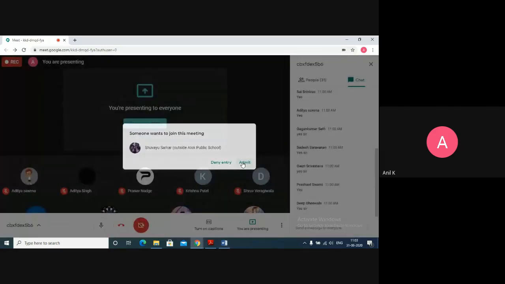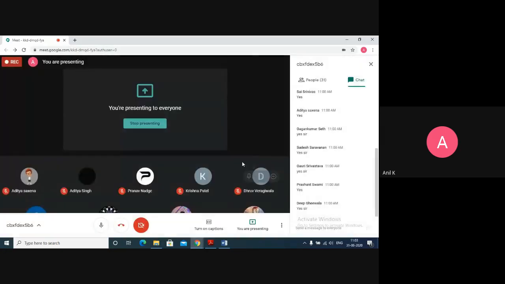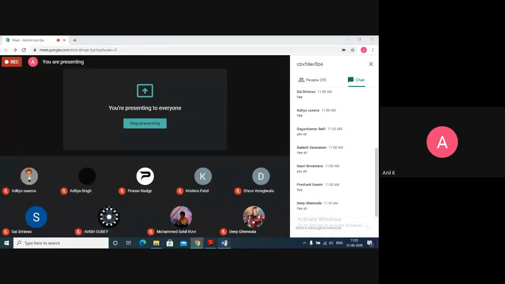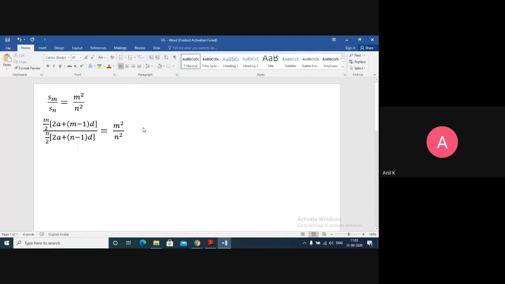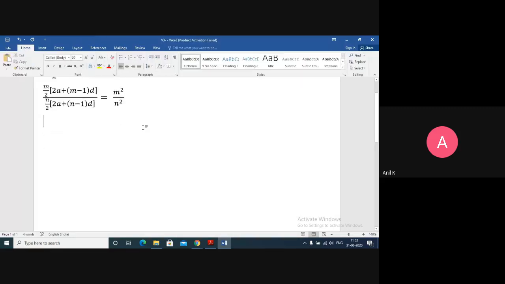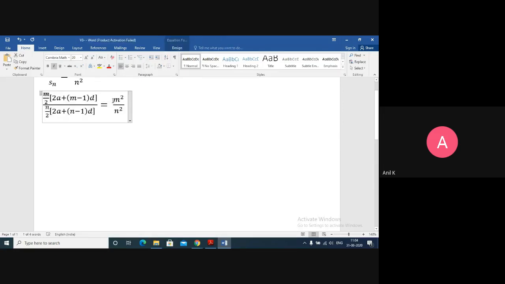Now what are the things that will get cancelled in this step? m upon 2 and n upon 2 will get cancelled, so the 2 will get cancelled. On the RHS you have m square, so one m can be cancelled because both are in the numerator. Similarly, you can cancel the denominator n with one n here.